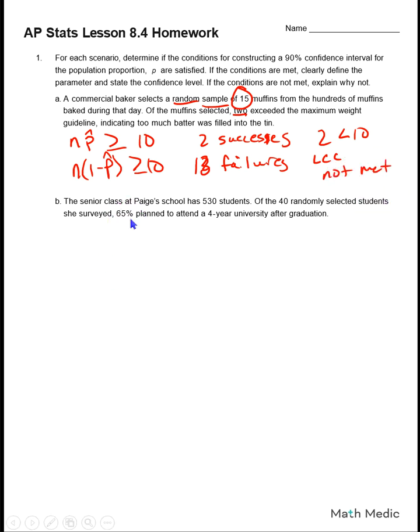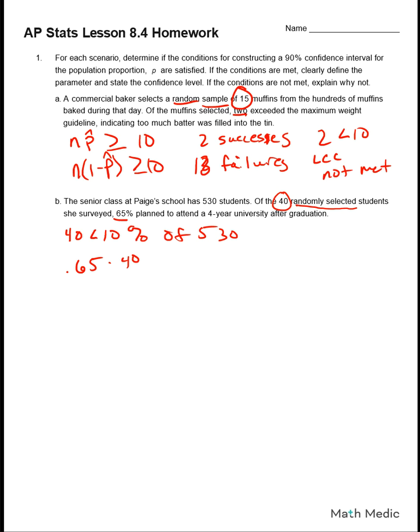Okay, senior class at Page has 530 students, 40 randomly selected, and 40 is less than 10% of 530, so random is met. So now let's check 65% of the 40. 0.65 times 40 is 26.